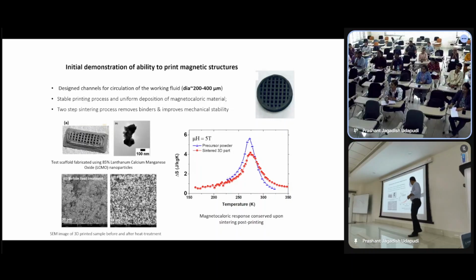And the sintered part has a slightly lower magnetocaloric effect compared to just the powder, okay? Which is as expected because the sintered part has some binder material left, and the precursor is pure material without any binder, okay?